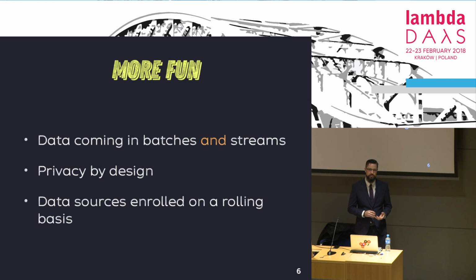And of course, it was a fairly big project, and we knew that all the data sources wouldn't give us their data on day one. They would come over the course of 1 or 2 years.